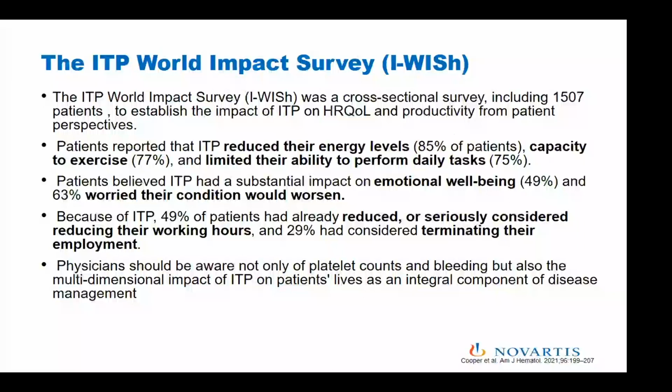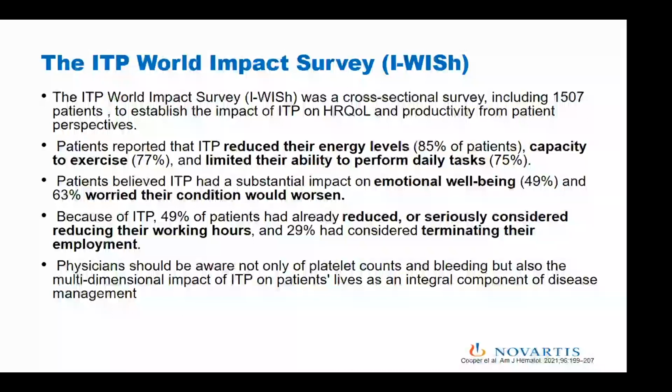Patients with ITP also have impaired quality of life. This is the ITP World Impact Survey, a cross-sectional survey including more than 1,500 ITP patients, to establish the impact of ITP on quality of life and productivity from the patient perspective.